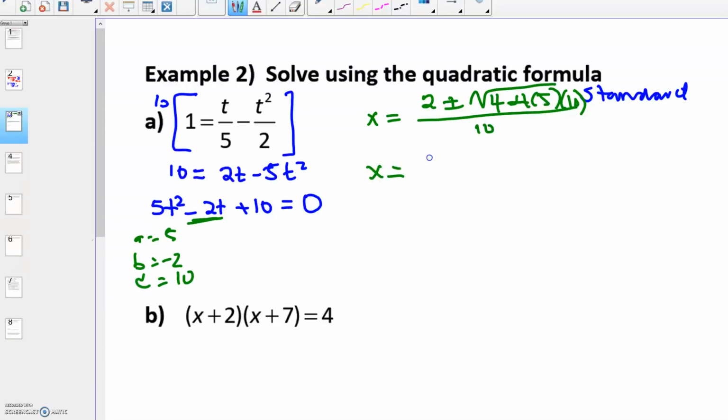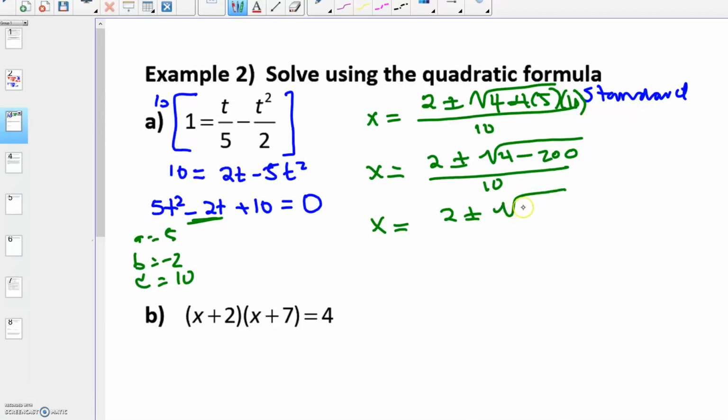So that gives us x is equal to 2 plus or minus the square root of 4 subtract, is that 20 times 10? 200, all over 10. So x is going to be equal to 2 plus or minus the square root of negative 196 all over 10.